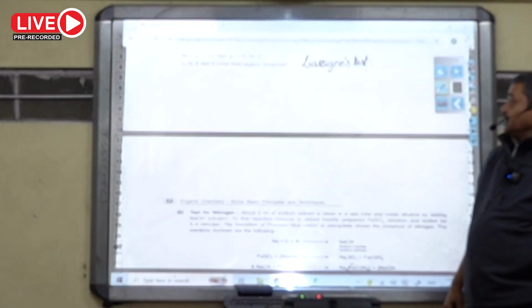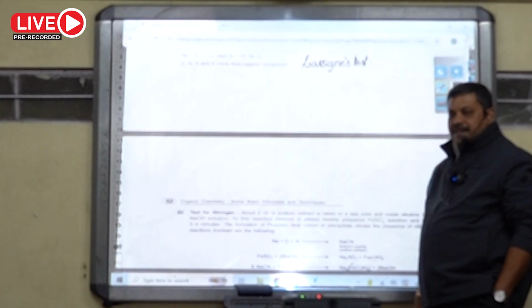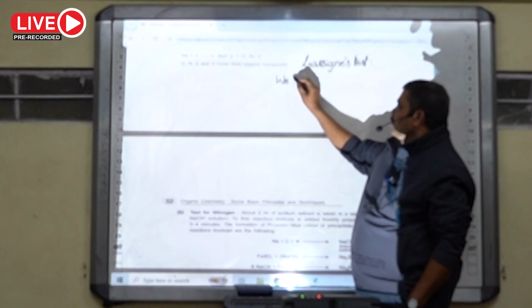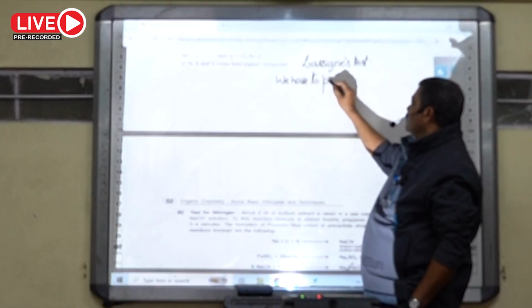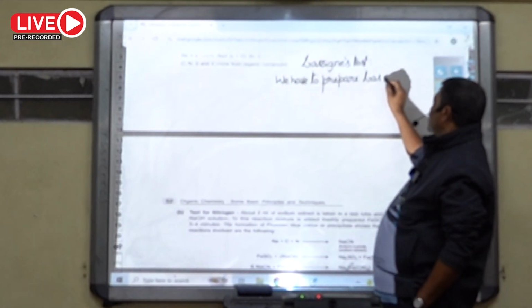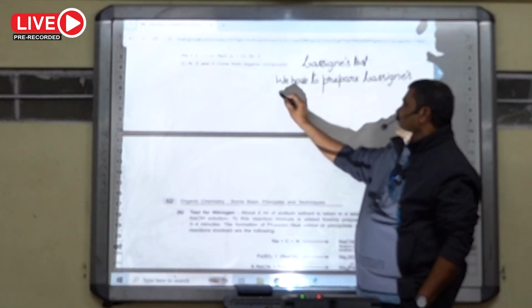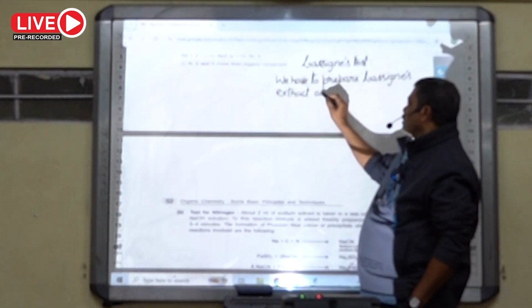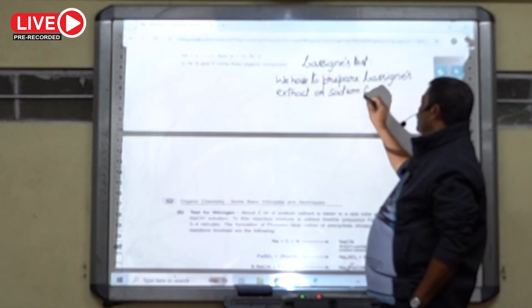In Lassaigne's test, you first have to prepare Lassaigne's extract, or sodium fusion extract.